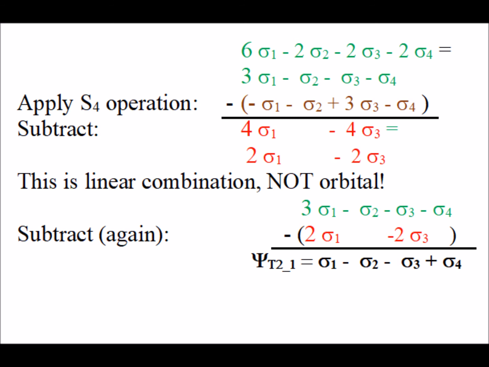And those sigmas that have a negative coefficient have the same phase as each other, which we will think of as the negative phase, and we will later show in a separate color from the positive phase. So we see that in this combination, there are 2 atomic orbitals that have the same phase, and the other 2 have the same phase as each other. This is the first of the 3 T2 molecular orbitals. And then we will show how to find the other 2.